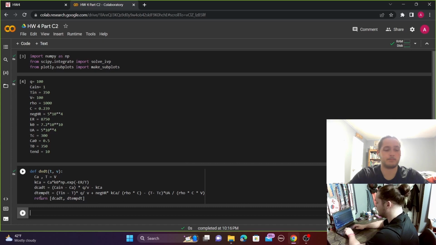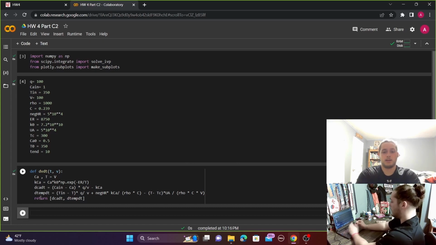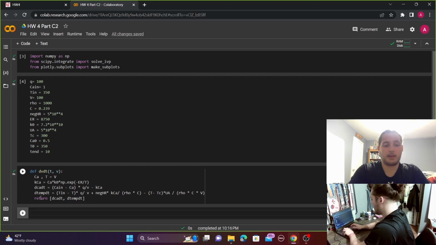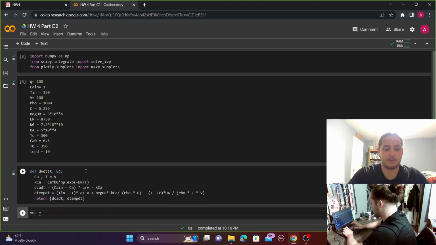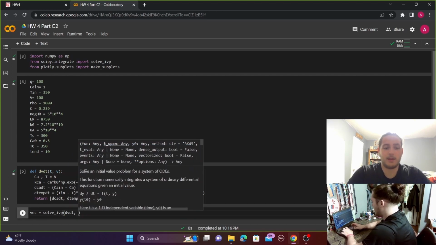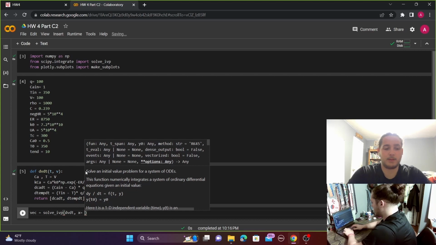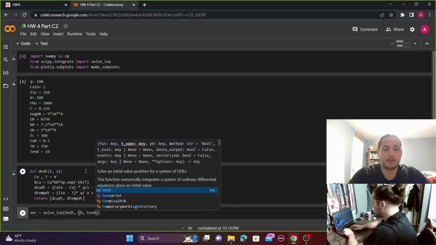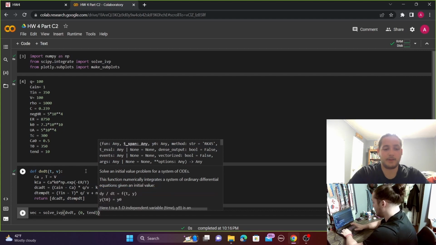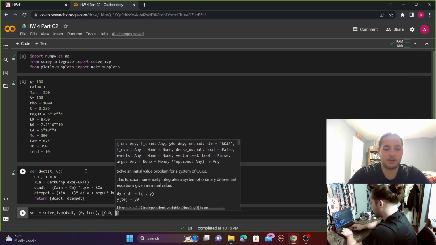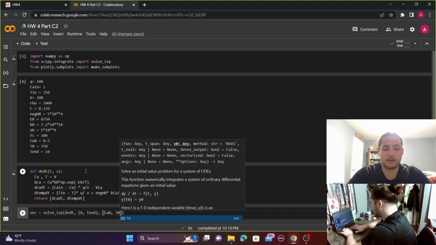Shift enter. Now we are going to bring in our solve IVP function from scipy.integrate. We are setting vec equal to solve_ivp, and our function here will be dV dt, the change in volume with time, and the parameters for this are going to run from 0 to t end, and our initial values are going to be our CA naught and our T naught values.